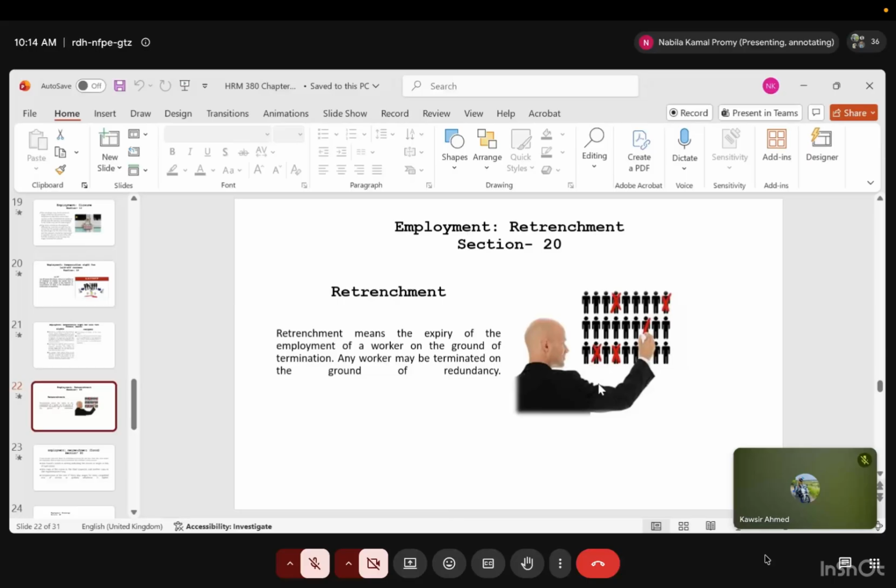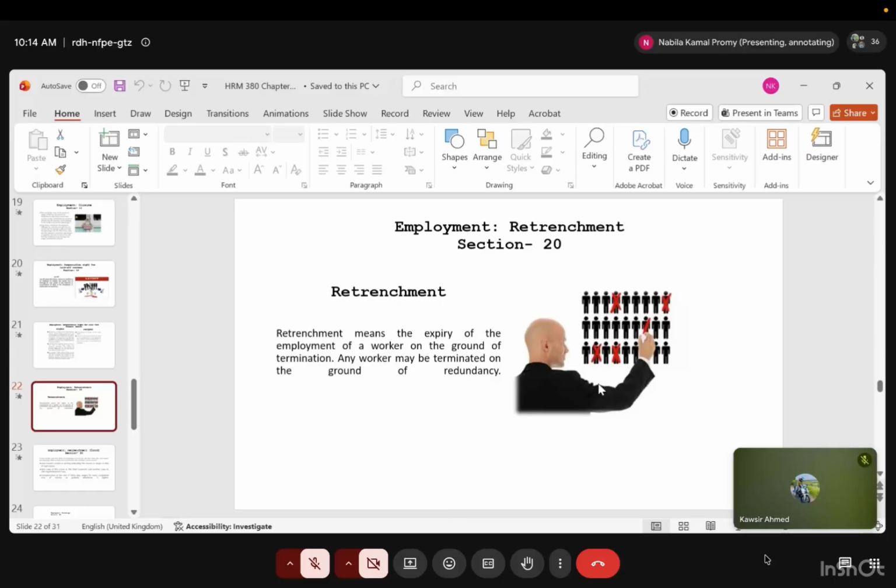But let's say you have 150 employees. So the additional 50 employees, you don't need them anymore. So when you are terminating them based on redundancy, তার মানে আপনার প্রয়োজনের চেয়ে বেশি employee আছে. That's what redundancy is. So in case of redundancy, when you are terminating an employee or a group of employees, that type of termination will be known as retrenchment.